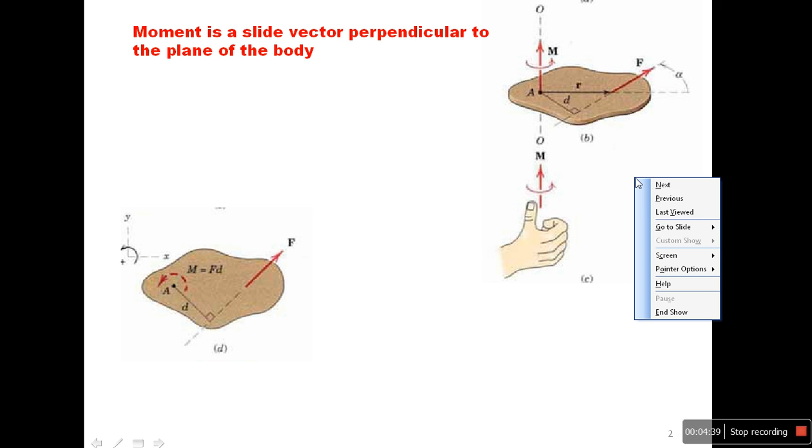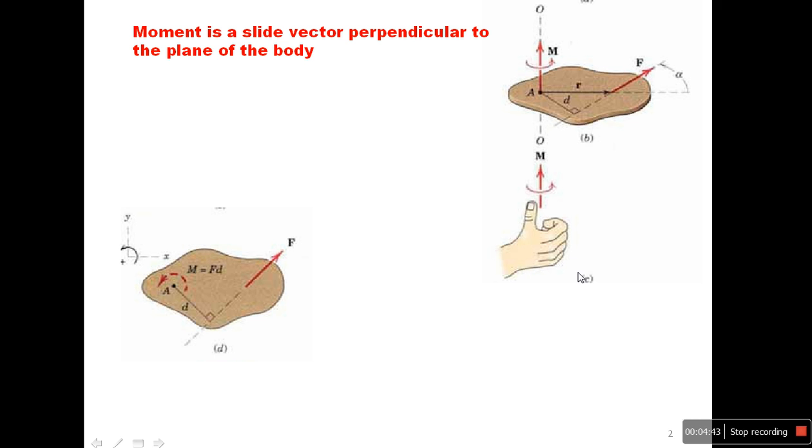Here you can see I have a force and a body. The moment of this force about the axis O is F multiplied by D. This is the line of action.